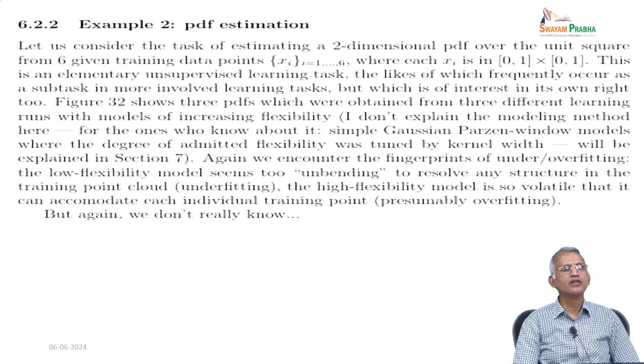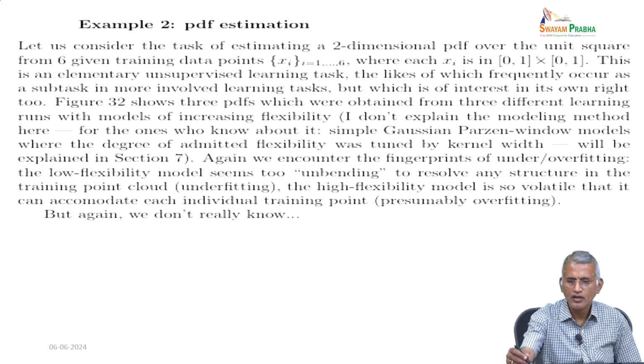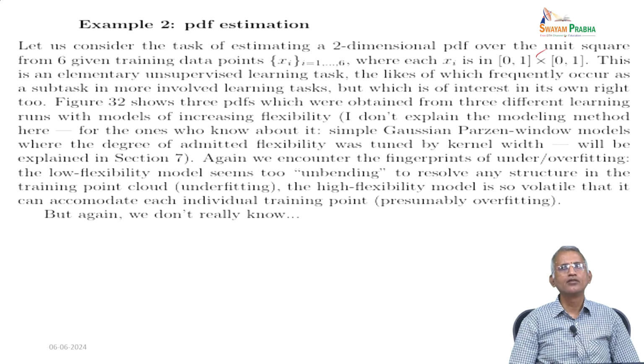Now, we have to go to example 2, PDF estimation. Let us consider the task of estimating a 2-dimensional probability density function over the unit square for 6 given training data points xi, i equal to 1 to 6, where xi belongs to [0,1] cross [0,1].